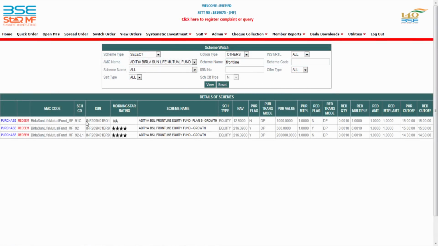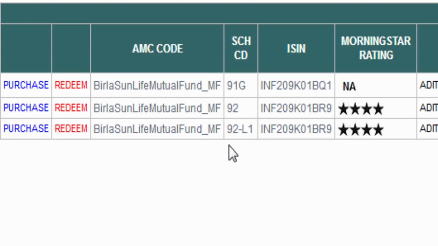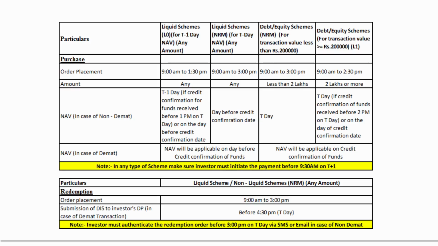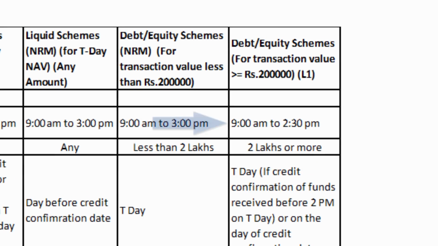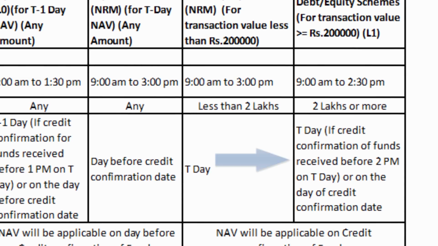In case you are placing an order for high value transactions, that is for schemes valued at 2 lakhs or above, you need to select the scheme code ending as L1. For such schemes, you can place the order till 2:30 p.m. Your funds have to be credited to BSE's account by 2 p.m. in order for the allotment and the NAV of the same day to be given to your client.